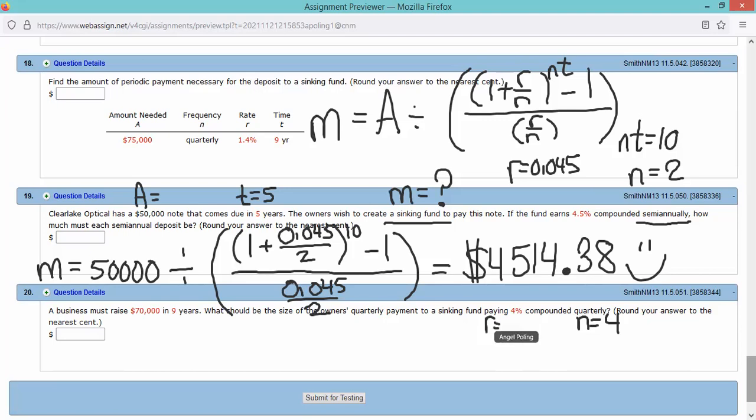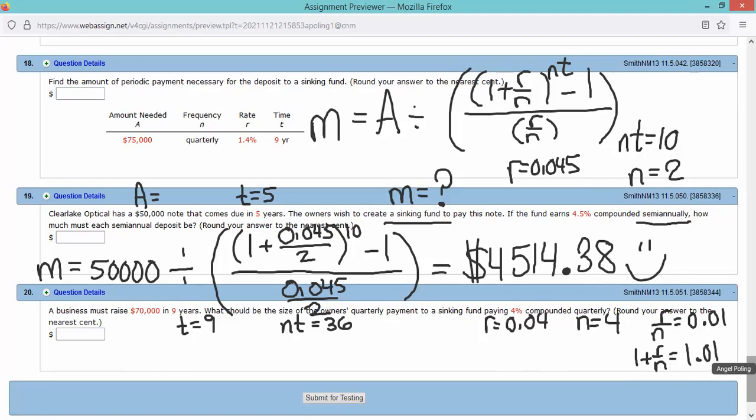A rate of 4% is 0.04. Right? We have T equals 9 years. So we have an exponent in T of 36. R over N is 0.01. And 1 plus R over N is 1.01.